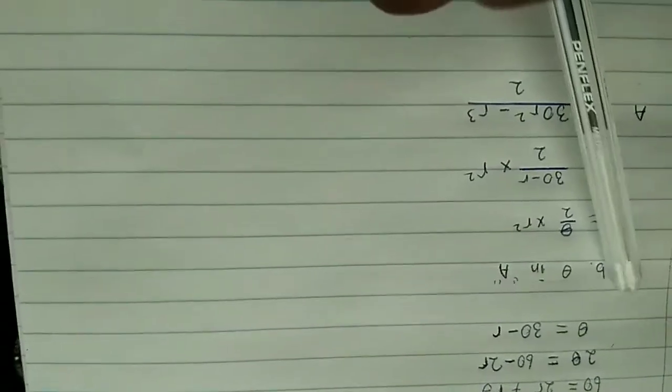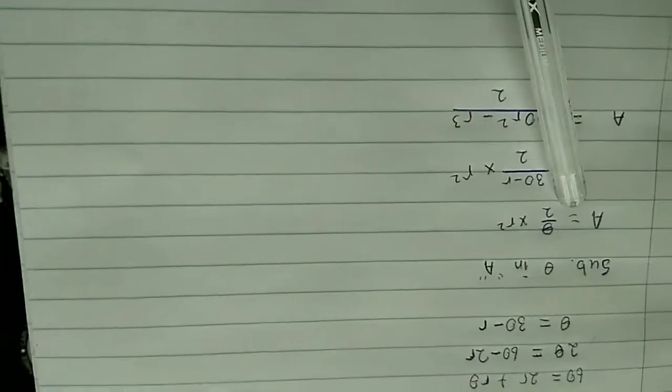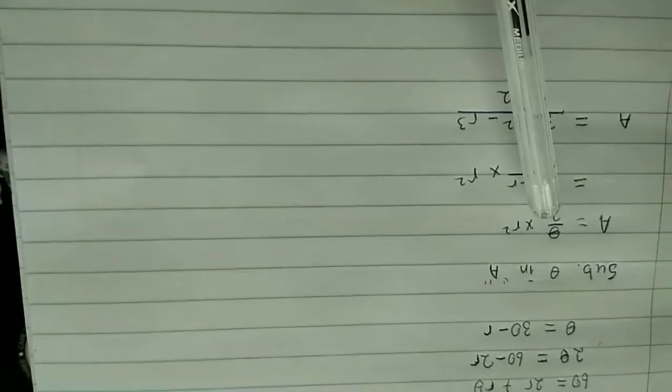Now we're going to use theta and substitute it into A, which is the area of the sector. The area formula of the sector is theta over 2 times r squared, where r is the radius of the sector.